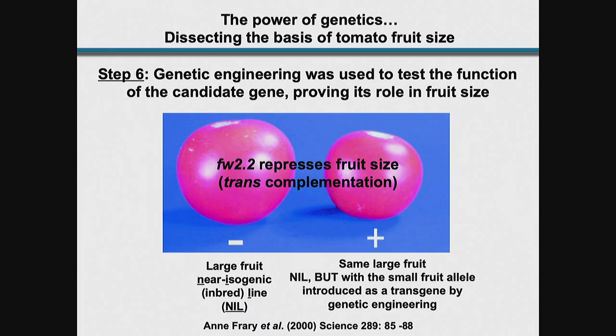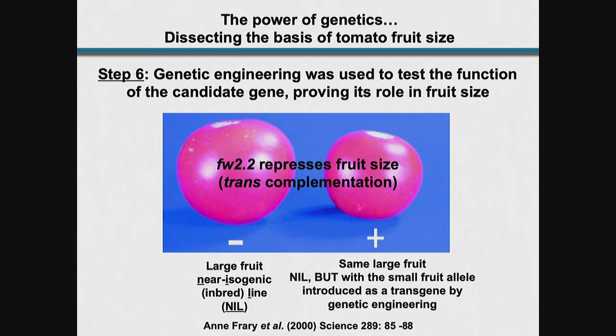But we don't actually have the experiment to show that it controls fruit size in tomato. And that's what makes this study published in Science such a beautiful study, because they actually did the experiment to show that this is the case.